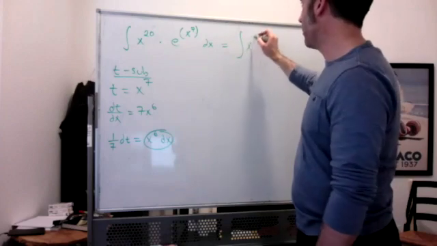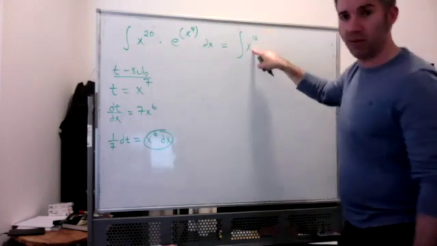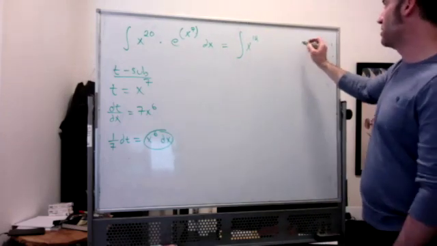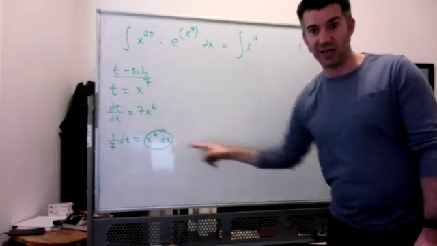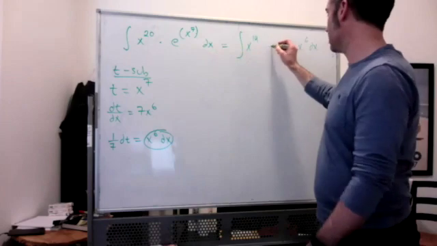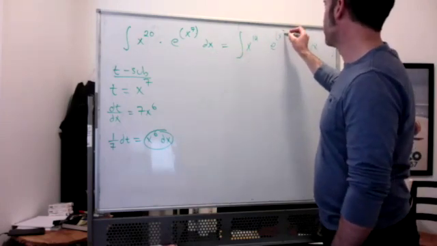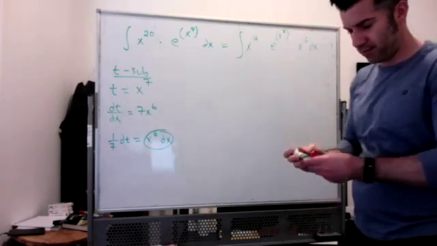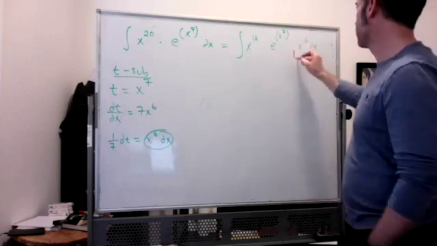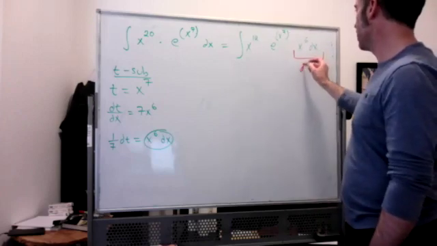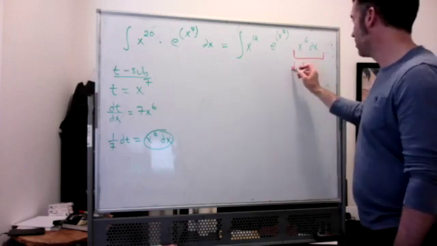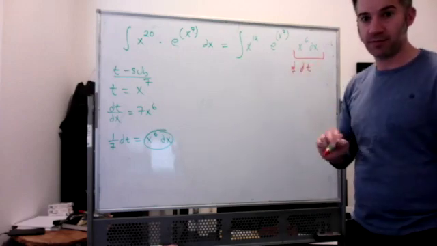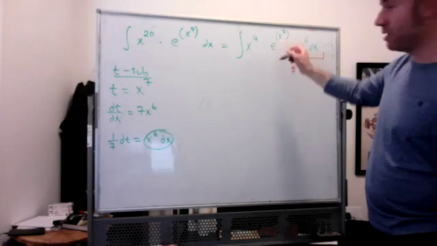I'm going to put it very suggestively as x to the 14th over here, and then the x to the 6th over here with the dx, because I know I want the x to the 6th with the dx. And then I still got e to the x to the 7th. There's my 1/7 dt. There's a t right there.